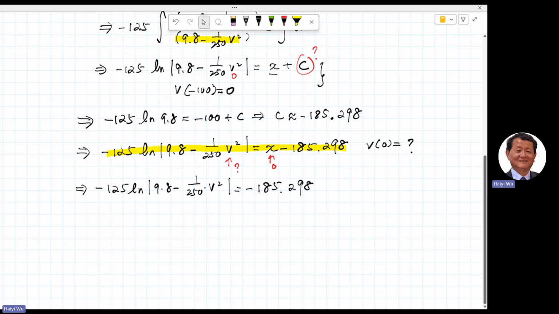Now we have to use the GC, graphics calculator, to find the velocity. Using the GC, it's pretty easy. So when x is 0, velocity is approximately negative 36.7. The negative is because the particle is moving in the opposite direction.